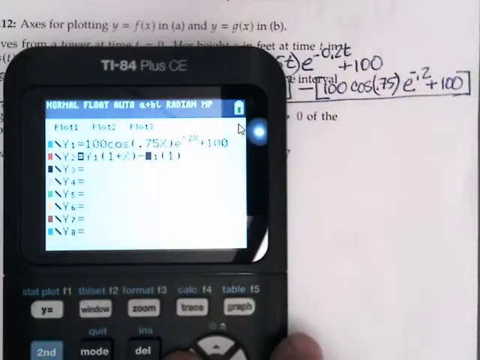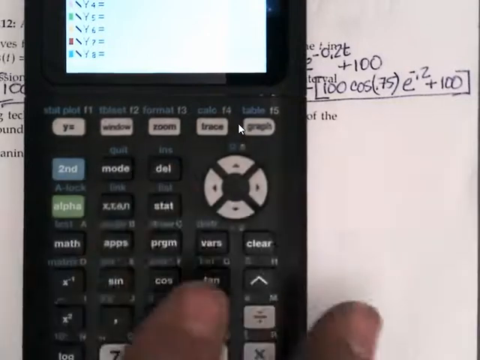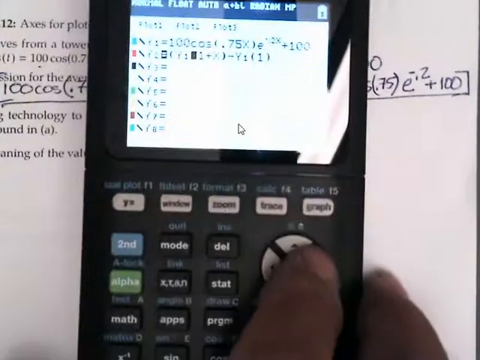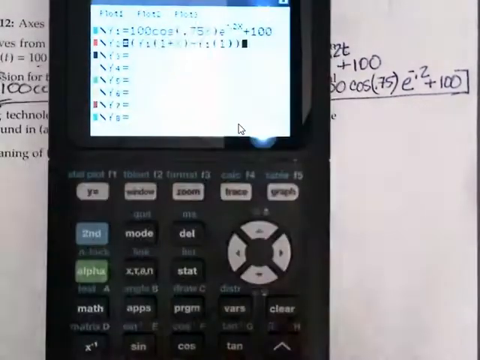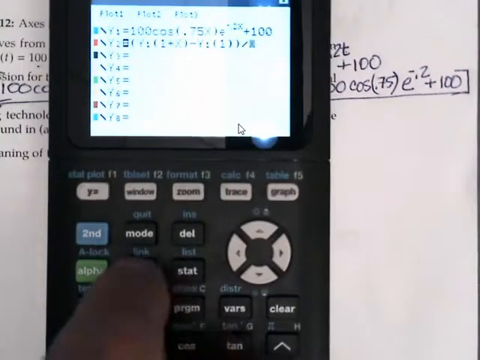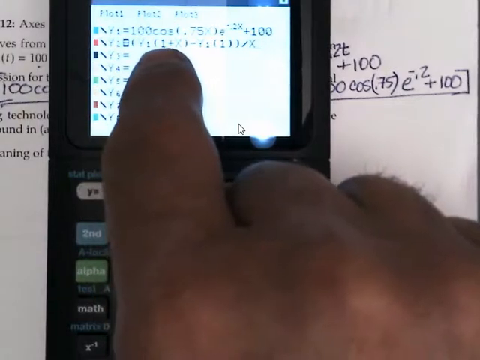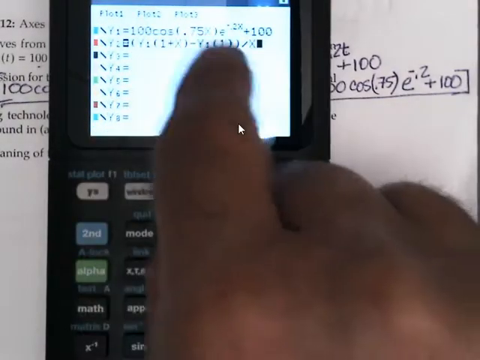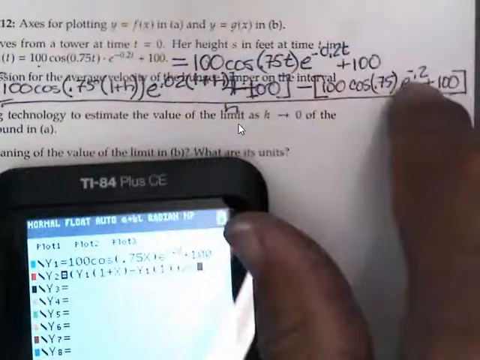So I got to come back here and do second insert and put in a parenthesis. And then I got to go to the end and put a parenthesis. So that's my numerator divided by the x I'm doing here. So the calculator automatically puts 1 plus x in place of that x and that x for this first one, and then it'll put 1 in for those two. So this is a short way of putting all of that in.